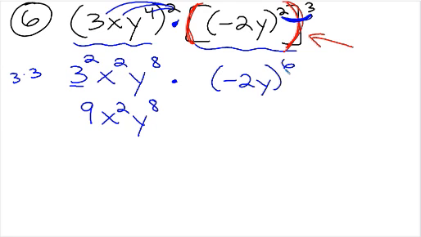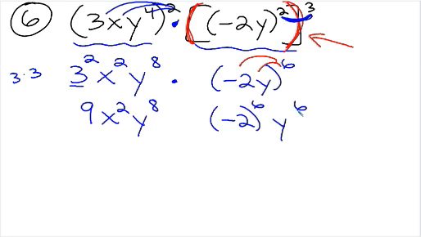Well, I have power to a power. Again, I need to distribute this power to both of these terms. So now I have negative 2 to the 6th, y to the 6th. That would be a good place to use the calculator. Negative 2 to the 6th should be positive 64.